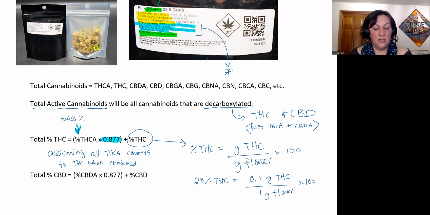So typically we see concentrations for percent THC for a flower product ranging anywhere from 0 or really low, all the way up to 20, above 20 to 30, and a few trailing off, possibly with higher concentrations.